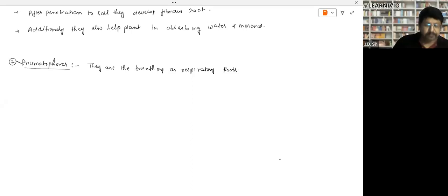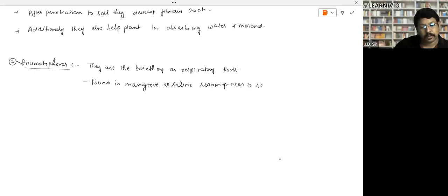They are found in mangrove or saline swamp. Full stop. Near the seashore.